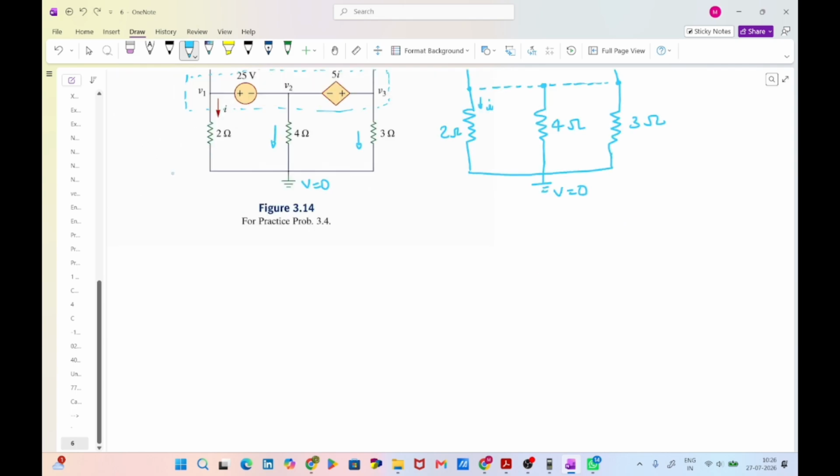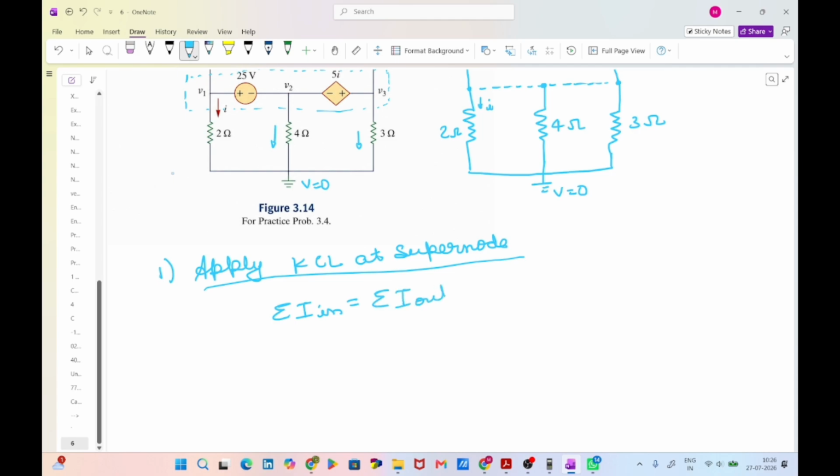We first apply KCL at the supernode. We know that KCL states that the sum of current entering the node is equal to the sum of current leaving the node.